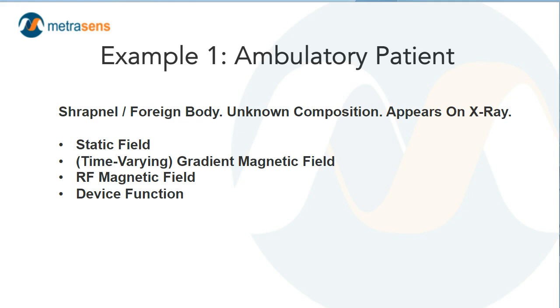RF magnetic fields. The US FDA has come out with some draft guidance. I don't think it's formally approved yet, but they essentially said, hey, implant and device testers, if the object is less than 2.5 centimeters, 25 millimeters in size in any direction, then for 3T and below, we don't consider there to be an appreciable heating risk at all.